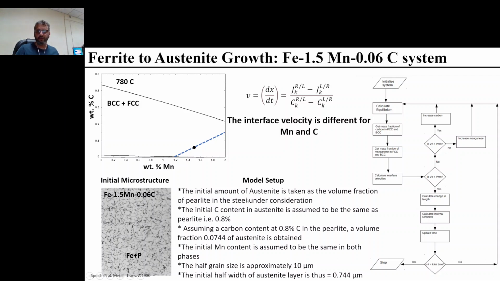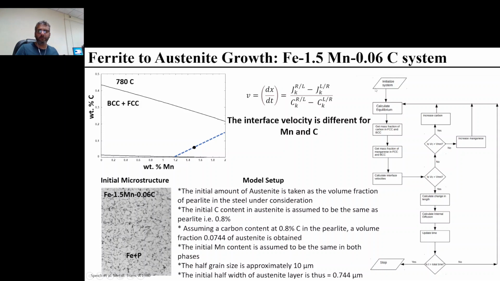So the initial volume fraction of the austenite is taken as the volume fraction of pearlite. Once we know the carbon content in austenite, which is assumed to be the same as pearlite, we can calculate the starting volume fraction of austenite. It's a one-dimensional model, so we have to convert the volume fraction into length scales, which comes out to be 0.744 micron, and the rest is, of course, occupied by the ferrite phase.